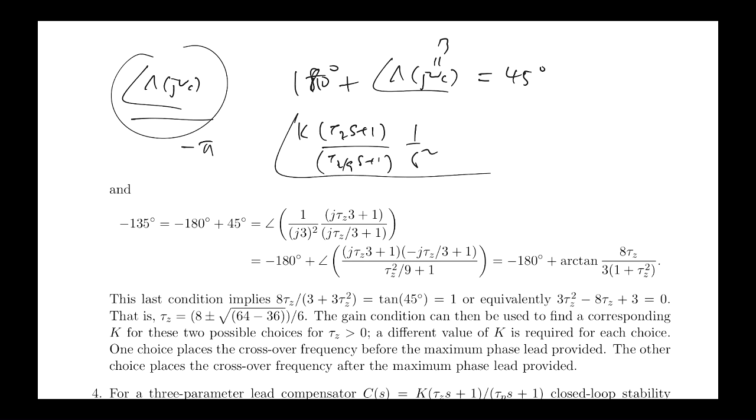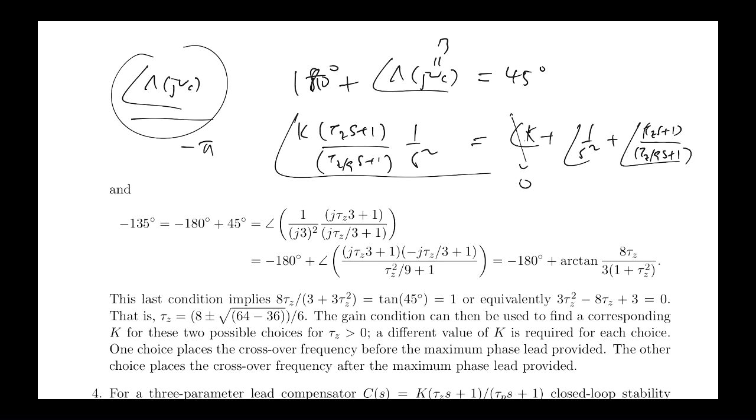And if I look at the phase of that, that's equal to the phase of K plus the phase of 1 on s squared plus the phase of the compensator pole and 0. Okay, K is a positive number, so that's just 0.